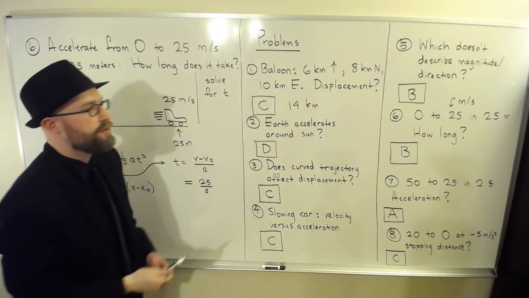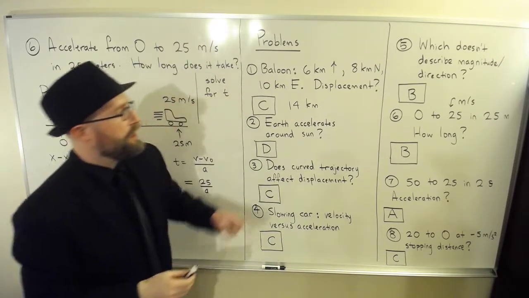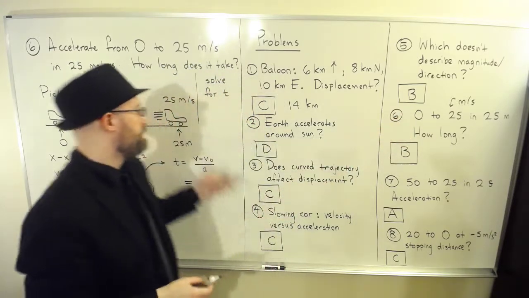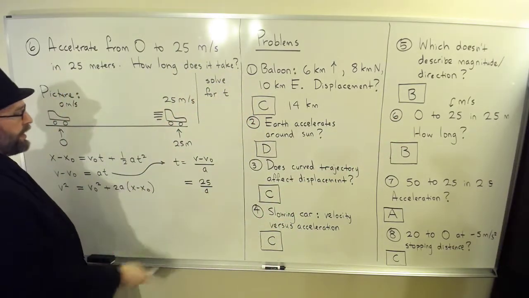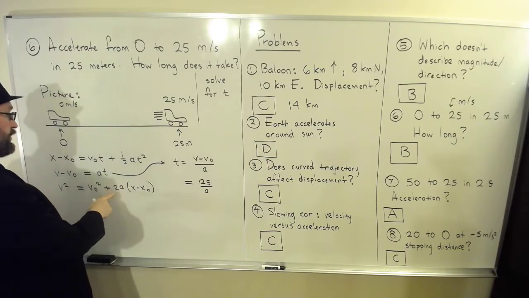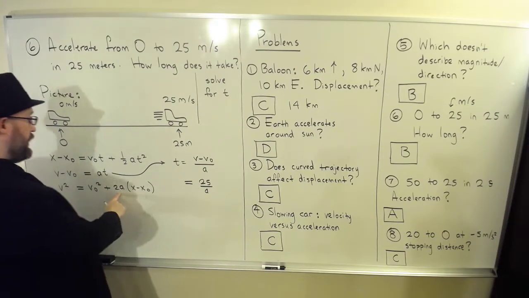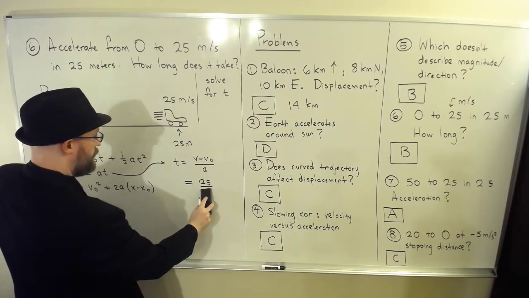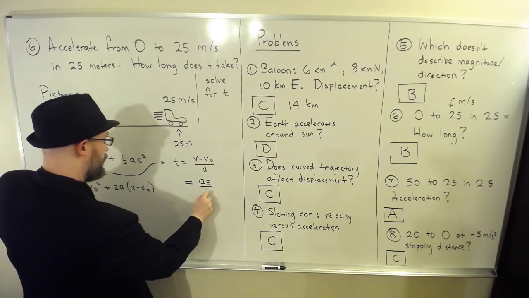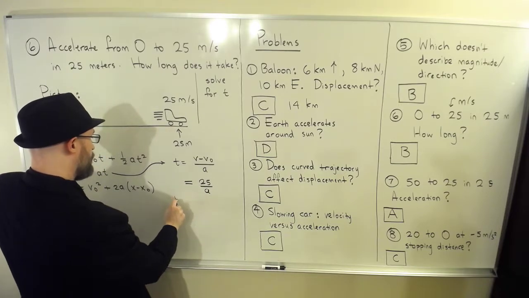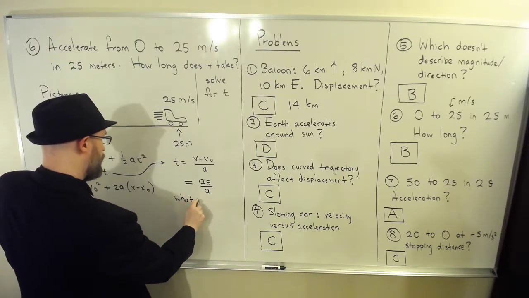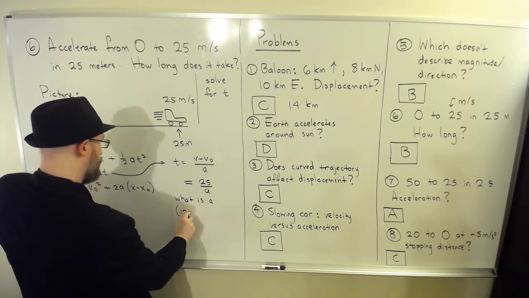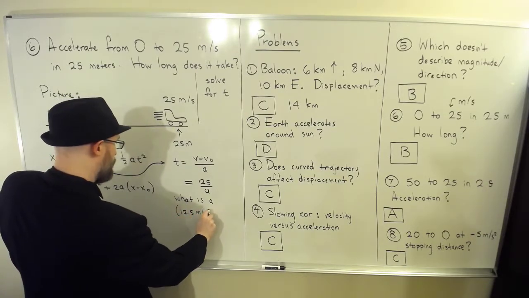You would have to infer that the same way that I inferred it, using the average velocity and so on. However, you could solve for that a in this equation here. So the problem here then is, what is a? And of course, the answer will be that it's 12.5 meters per second squared, but how do we know?